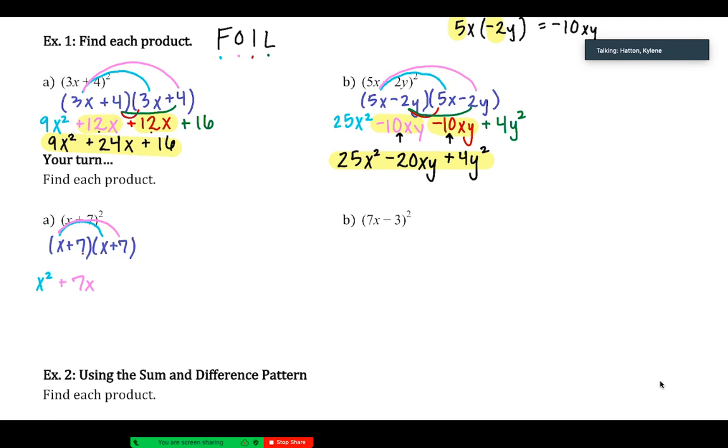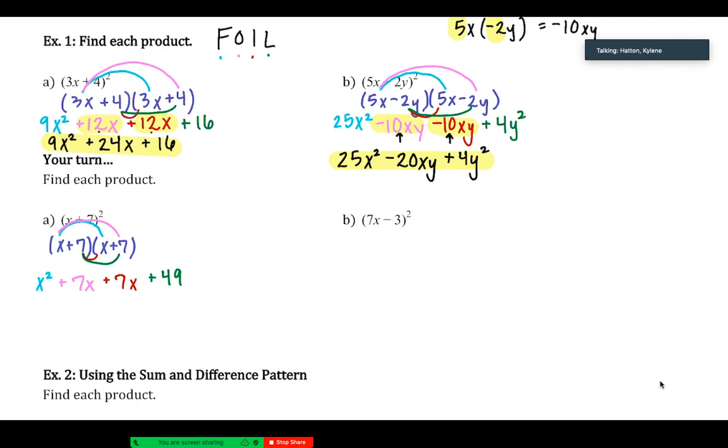And then I have to multiply the inner terms together, which is 7 times x. So we write that as 7x. And then I have to multiply the last two terms together, which is 7 and 7. So 7 times 7 is 49. So plus 49.